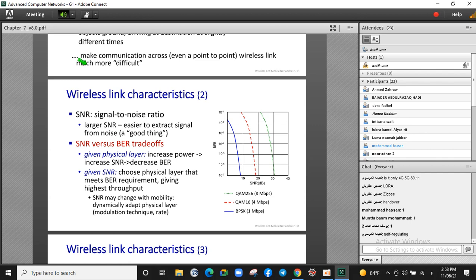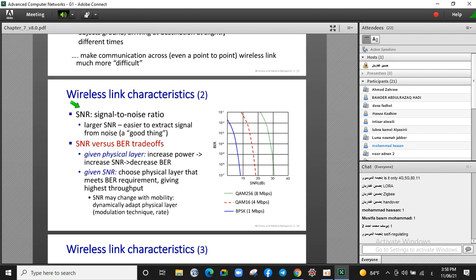One characteristic of a wireless link is the signal to noise ratio, or SNR. Look at its name, signal to noise ratio. It's a ratio between the power of the signal and the power of the noise surrounding my wireless link.